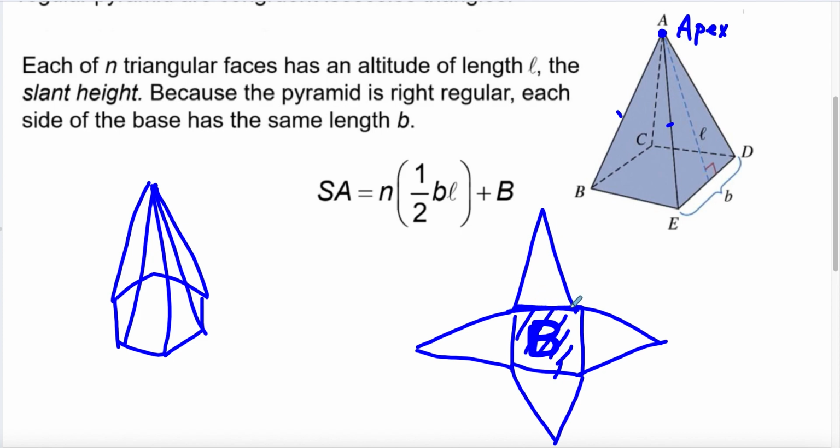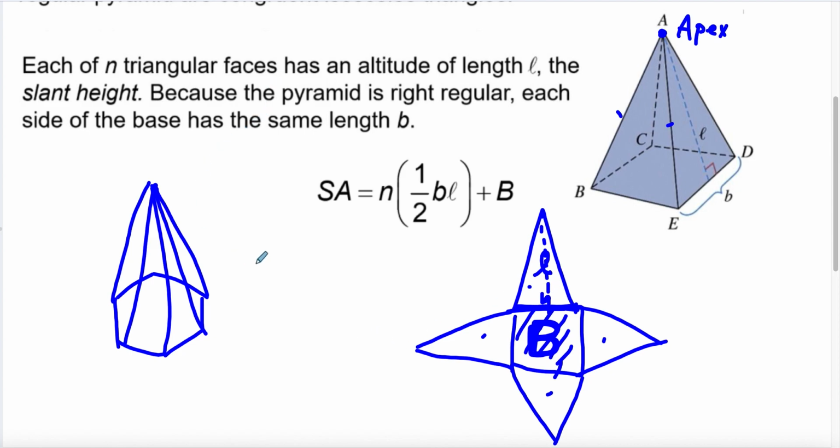We need to know the length here. It's b in this case. So b times the height, which is the slant length here, L, and half of that. And especially these 4 are exactly the same size, right? So we can do 4 times the triangular surface area, right?